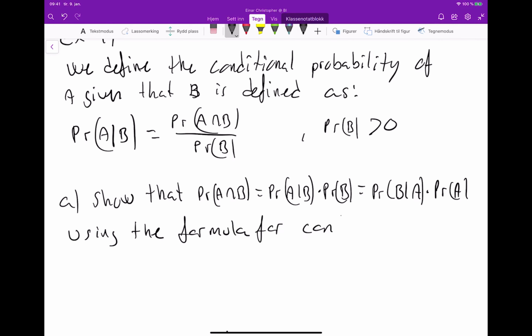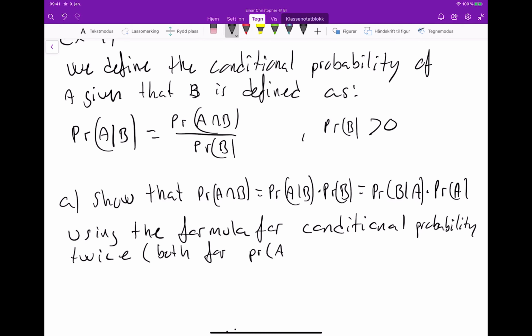For conditional probability twice, both for the probability of A given B and for the probability of B given A, we get, so let's do this.